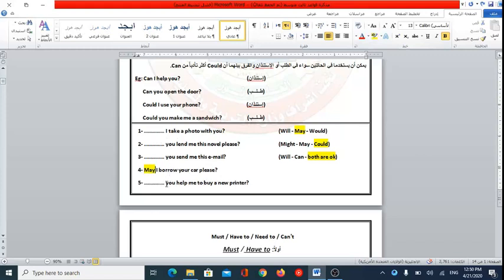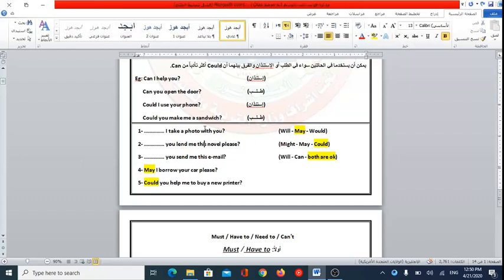The pronoun here is you, so we don't use may. Now it's will, would, can, or could. So we can use here, yes, right, could, for example. Okay. So could you help me to buy a new printer?